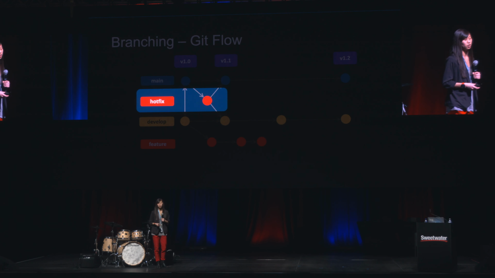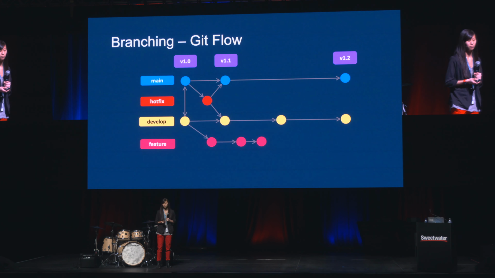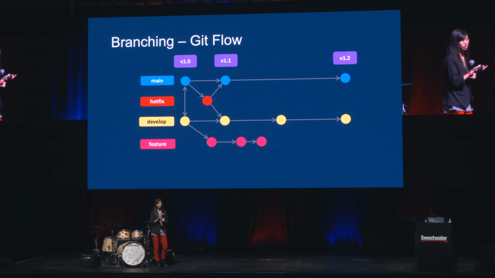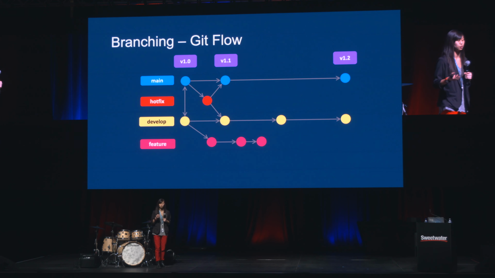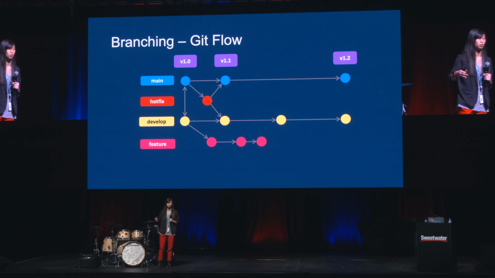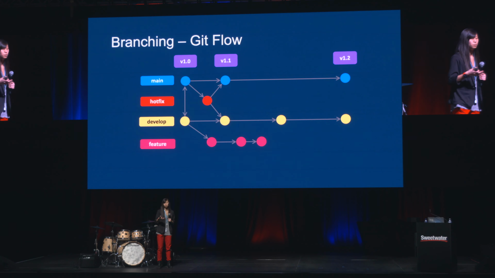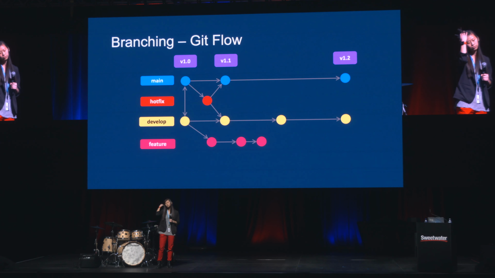That's where you create a hotfix, and then that will go directly back up into production afterwards. So you end up with the spider web of everything. But you can see the hotfix branch, after you create a commit, goes directly into production, into main, and then also goes back into development, because your development branch most likely needs that fix as well.